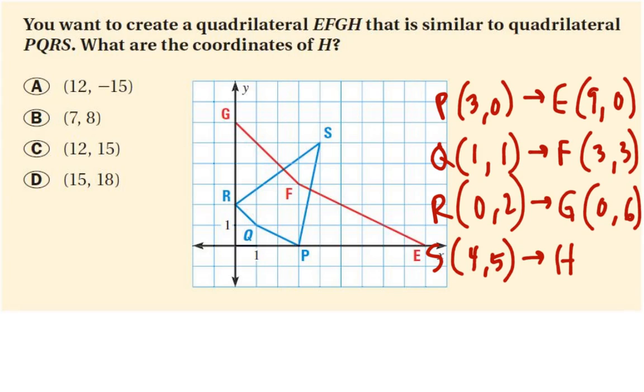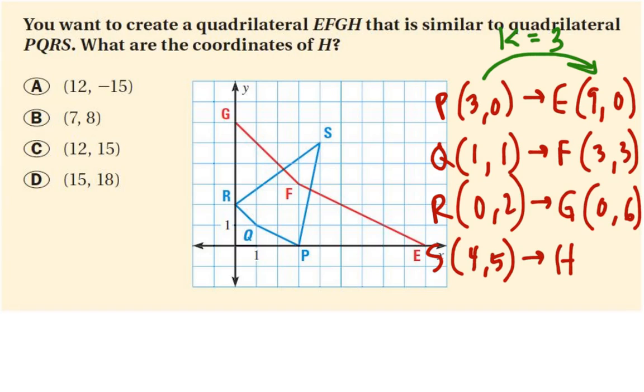Notice that I don't have the coordinates for H, but I do have all of these other coordinates. And so the question now becomes, what is the scale factor? Well, as I go from P to E here, I'm noticing that I multiplied the x coordinate by 3. Remember that the scale factor is multiplying the coordinates, not adding or subtracting something, or changing the signs like in rotations or reflections. So I was multiplying by 3, so the scale factor here must be 3.